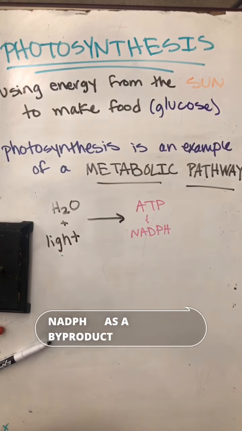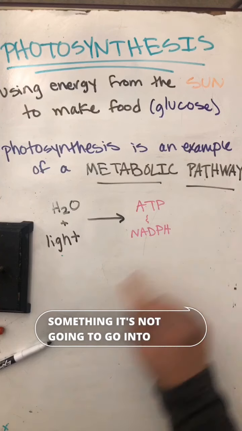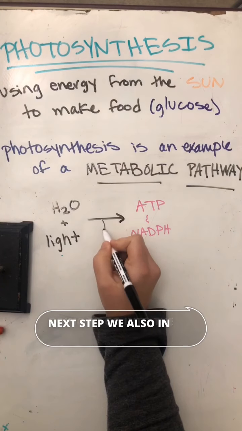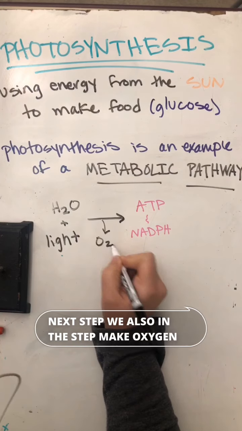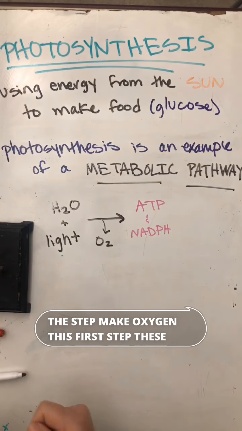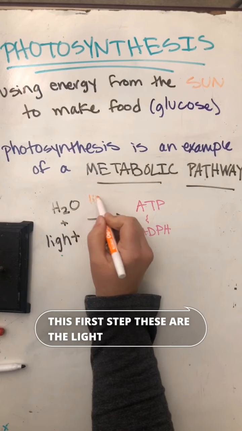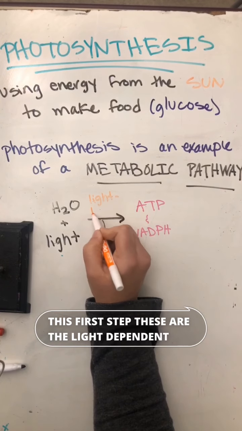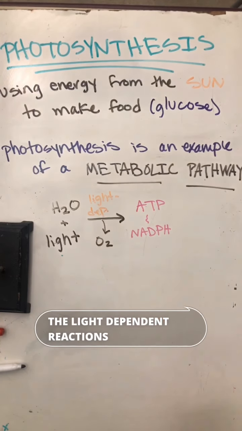As a byproduct, meaning something that's not going to go into the next step, we also, in this step, make oxygen. This first step, these are the light-dependent reactions.